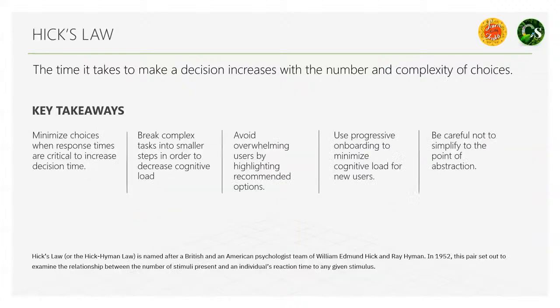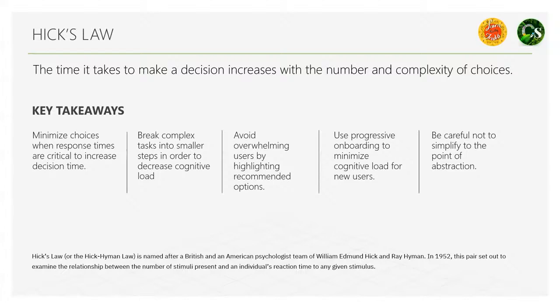Hick's law. The third law is Hick's law. Hick's law, or the Hick-Hyman law, is named after a British and an American psychologist team, William Edmund Hick and Ray Hyman. In 1952, this pair set out to examine the relationship between the number of stimuli present and an individual's reaction time to any given stimulus.